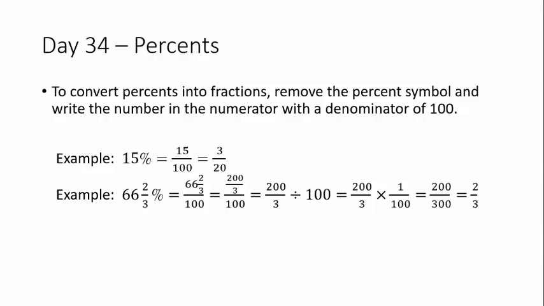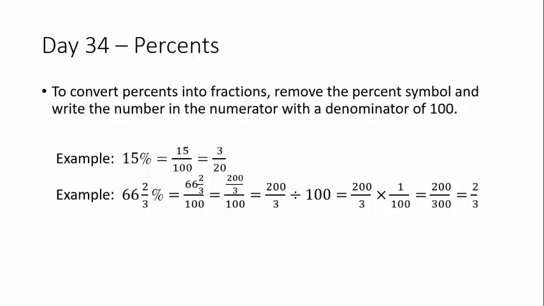In the next example, we have 66 2/3%. Again, we drop the percent sign and write 66 2/3 over 100. We convert 66 2/3 to an improper fraction, which is 200/3, and this is still over 100. Think about what this is saying. We have 200/3 divided by 100.